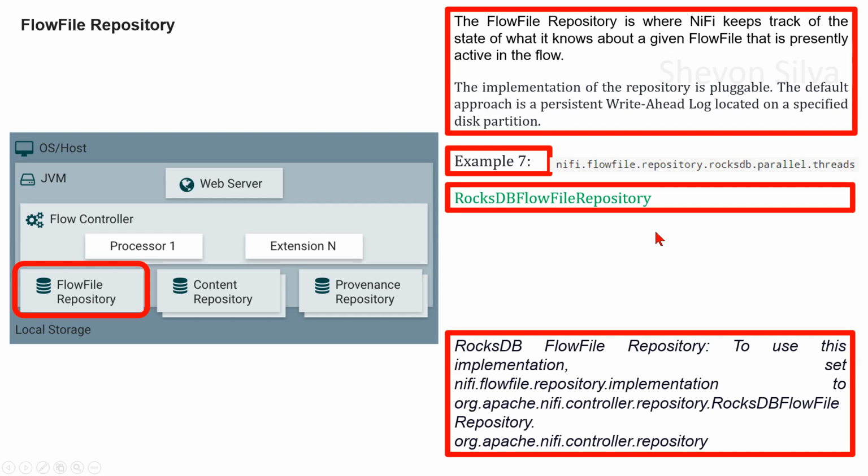This implementation makes use of the RocksDB key value store. It uses periodic synchronization to ensure that no created or received data is lost as long as nifi.flowfile.repository.rocksdb.accept.data.loss is set to false.